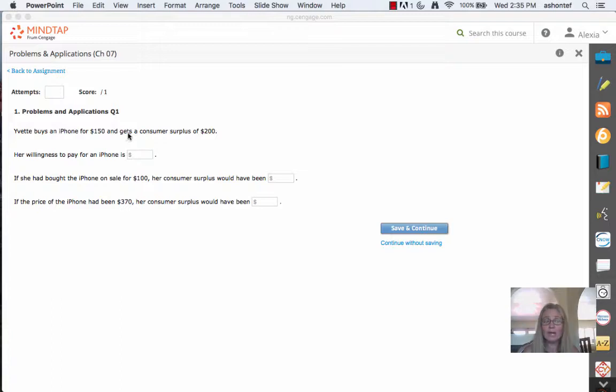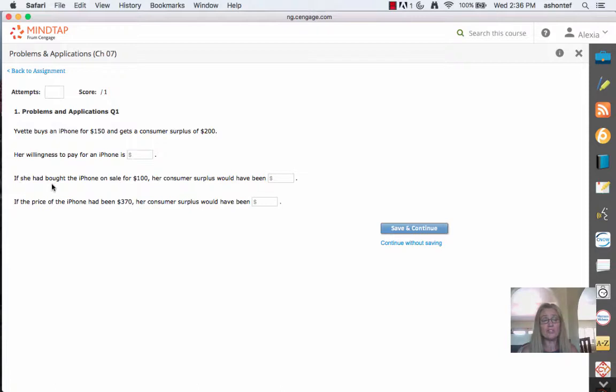And then on top of that, it's telling you she gets a consumer surplus of $200. So remember, the consumer surplus is the benefit that you reap. So she reaps $200 of benefit in addition to what she actually paid. So that should help you figure out what she'd be willing to pay here.